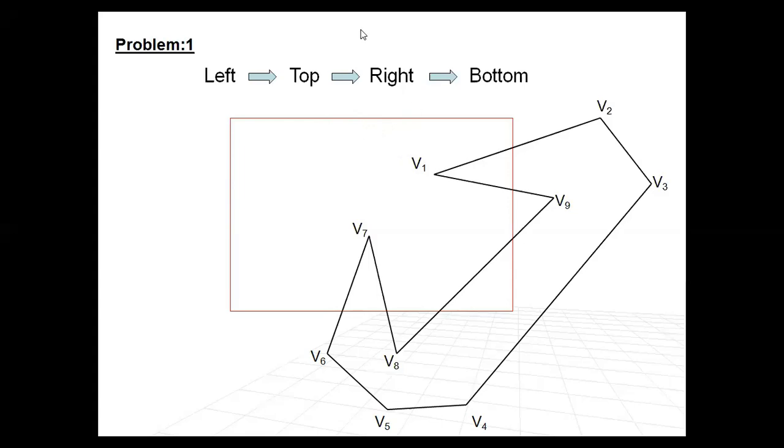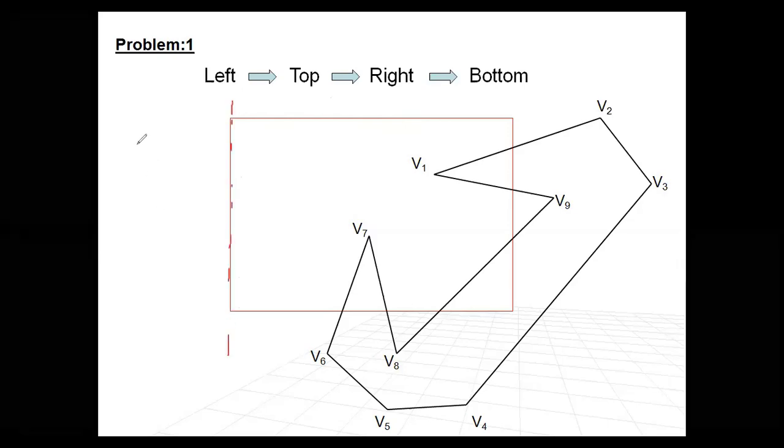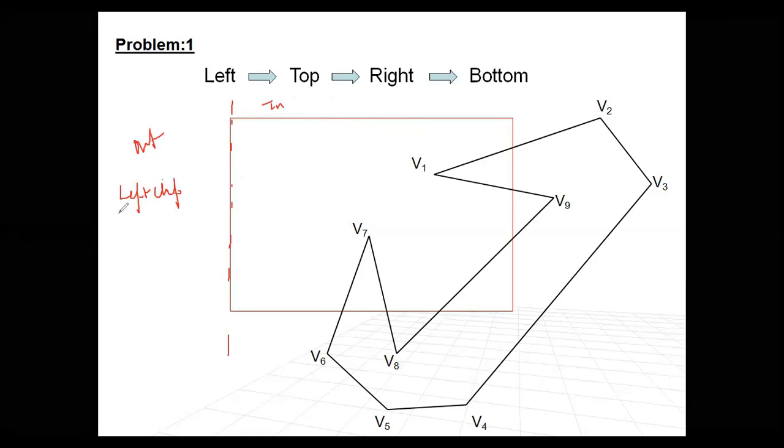I hope you were able to understand how we will do the left clipping. During the left clipper, this will be the out, this will be in, and when we perform left clip, all the vertices will be saved, V1, V2, V3 up to V9.